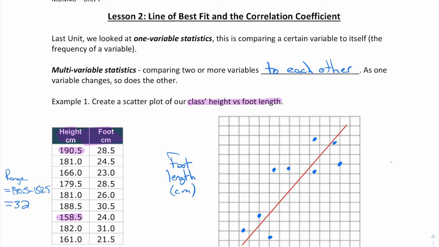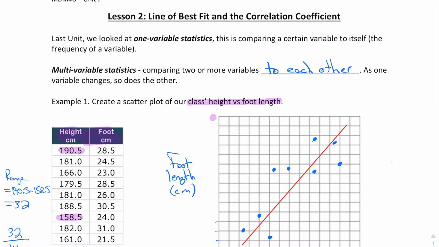When I look at my scale on the y-axis, from here to here, there's about 14 bars that go up. That's going to help me determine how much to put for each tick going along. I would simply take my range and divide it by the number of ticks. That's going to be approximately 2 point something.